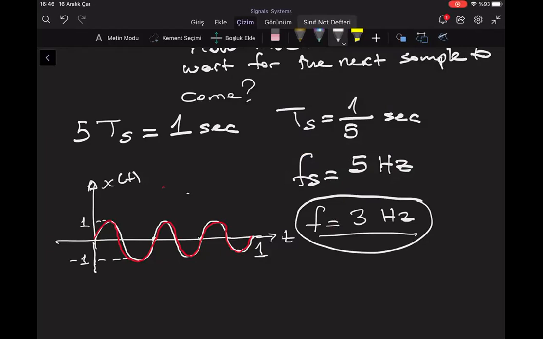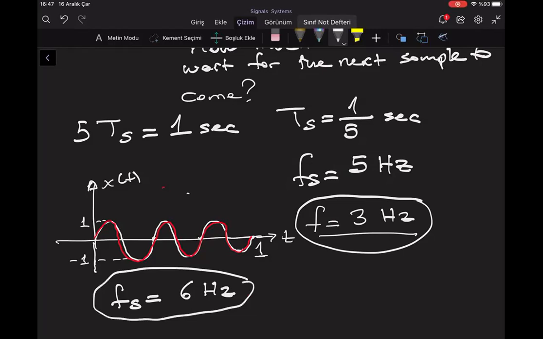Yes? So now I want you to perform a sampling whose sampling frequency is, let's say, 6 Hertz. Our sampling frequency is 6 Hertz. What do I mean by that?